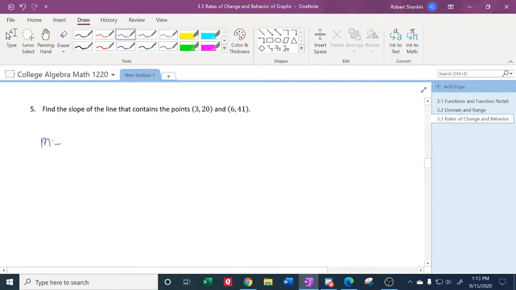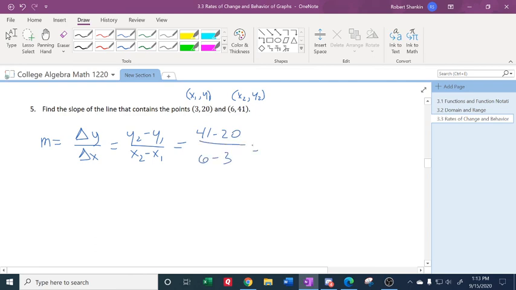A refresher on the formula: it's the change in y over the change in x, or y2 minus y1 over x2 minus x1, where we might think of this as the first point, x1, y1. This is the second point. They get subscripts of 2, x sub 2, y sub 2. So then the difference in the y coordinates over the difference in the x coordinates. 7. The slope is 7.